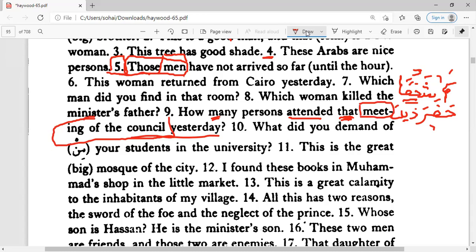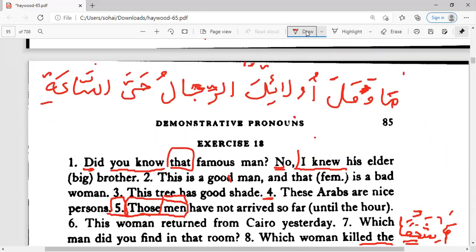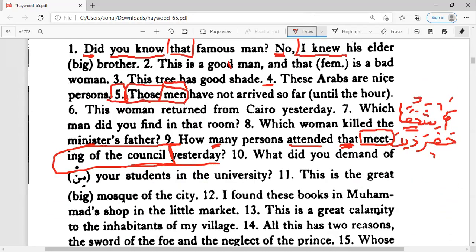So what did you say when this or that is qualifying mudaf and mudaf ilayhi? We're not saying this is the meeting. We will put the meeting of the council first, and then we will put that, dhalika. Yes, that's good. And you could find that in the PDF above, right? So it becomes kam ashkhasan.